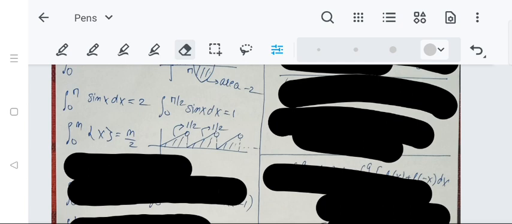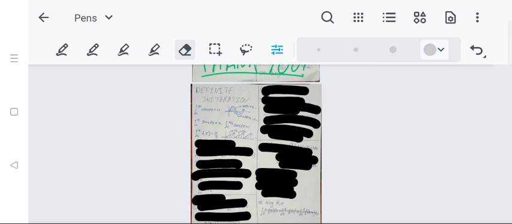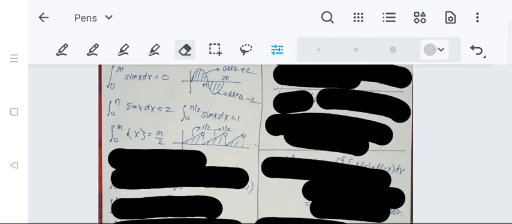This signifies that, see here, this is the graph of this function, and every triangle has the area of half. So suppose you want to integrate it for 6 parts, that will be 6 triangles, so 6 multiplied by half, so it is directly written n by 2, that is 6 by 2.